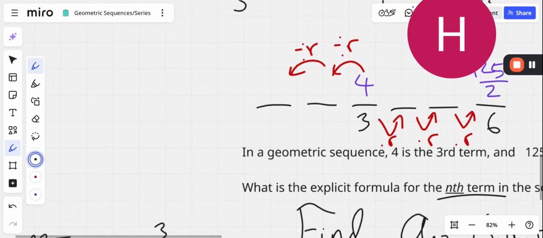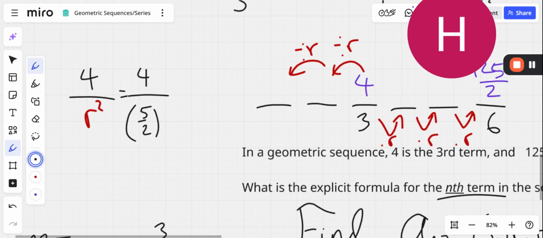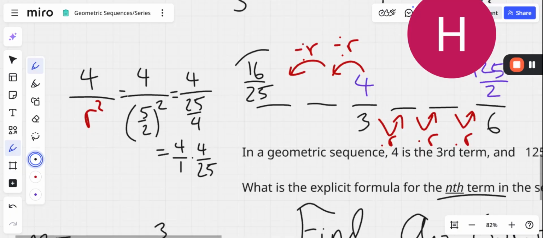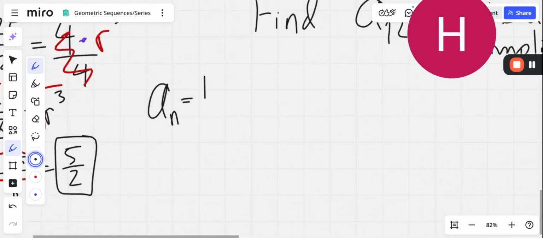So let's do 4 divided by r squared, which equals 4 divided by 5 over 2 squared, which equals 4 divided by 25 over 4. And this is a pretty simple fraction here. We're going to get 16 over 25. So here's our a1. And then we complete the formula by saying the r value, which is 5/2, to the n minus 1.